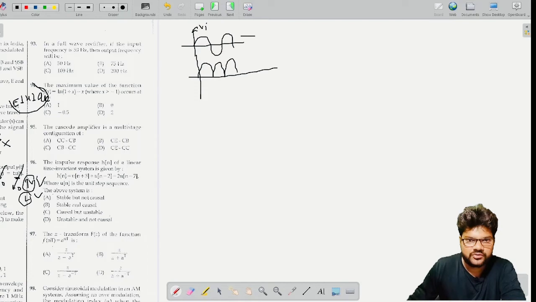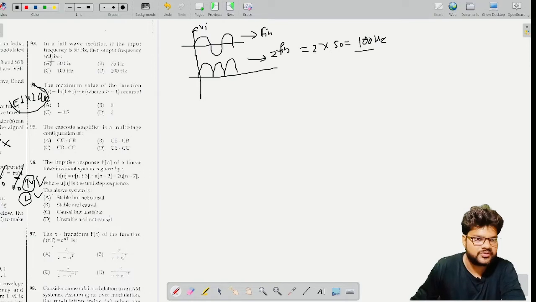If the input frequency is f, then the output frequency will be 2 times that, so 2f. If the input frequency is 50 hertz, then the output frequency will be 2 times 50, so 100 hertz. Simple question. The correct option is C.